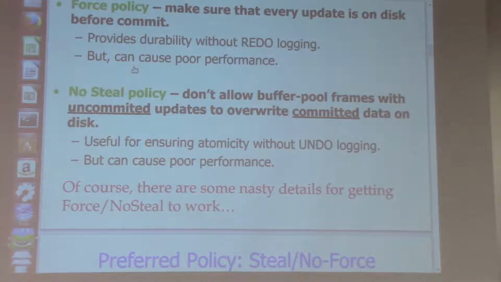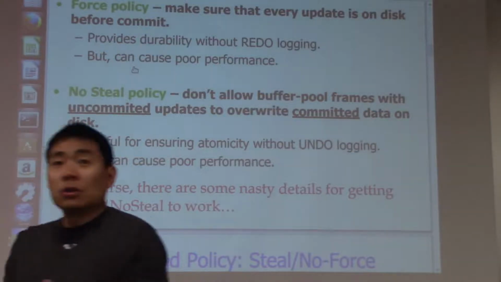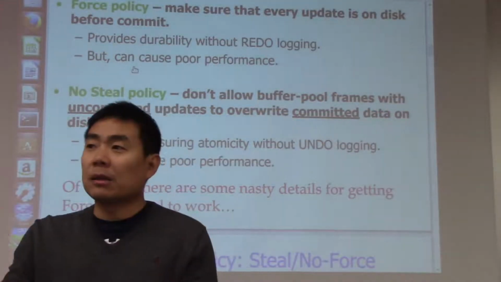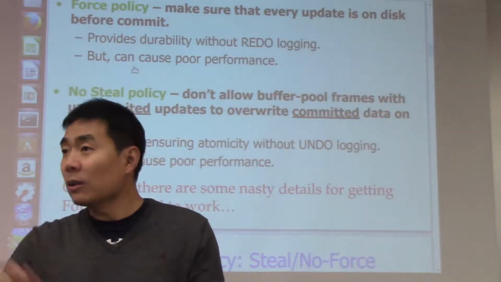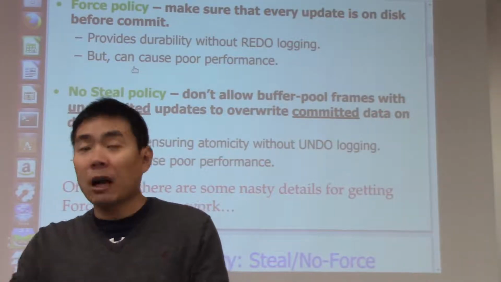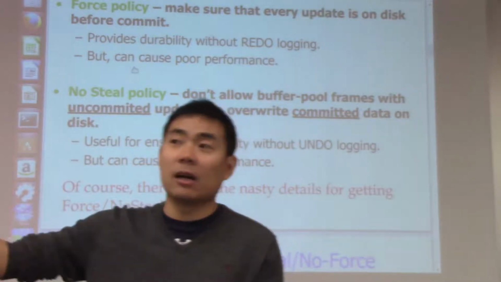So what would be a good policy? First of all, you do not block a transaction from committing. Whenever the transaction wants to commit, you let that transaction go ahead. And you do not interfere with what the buffer manager is supposed to do. When the buffer manager tries to write a dirty page to disk, you let it do its job. You do not come in and tell it, you cannot do that because it's a dirty page of an uncommitted transaction.